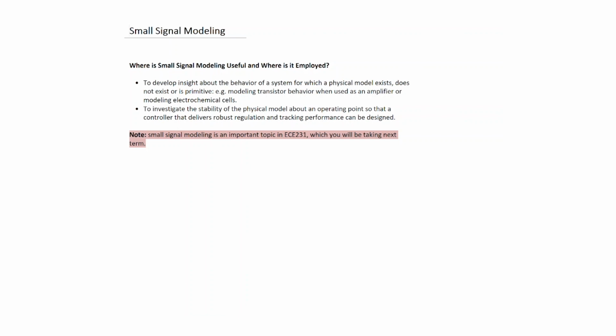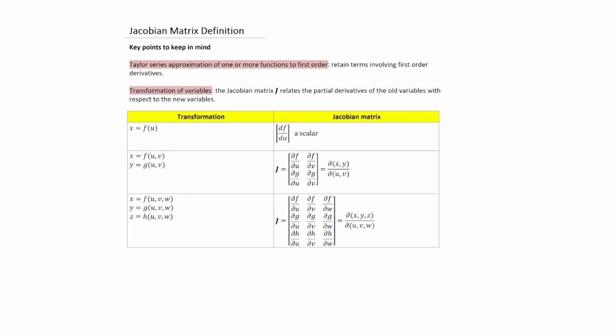On the other end, we may want to investigate the stability of a physical model about an operating point so that a controller that delivers robust regulation and tracking performance can be designed. Just to make a note here that small signal modeling is an important topic in ECE 231, which you'll be taking next term.